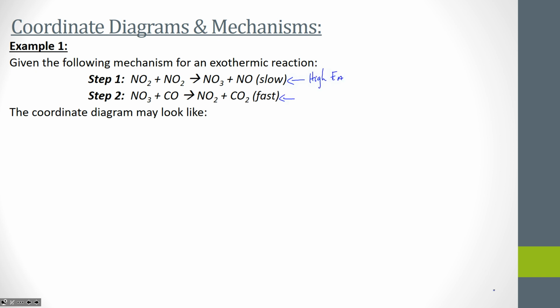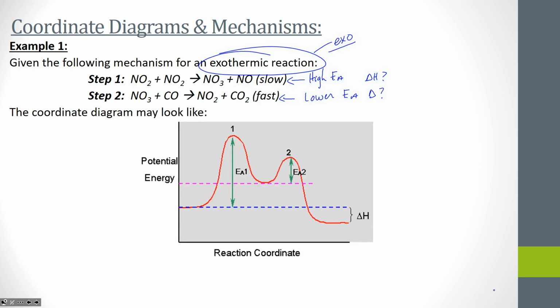And we know that this step is fast, so that means it has a lower activation energy. Now, they didn't tell me anything about the delta H for either of these, so we could make those up. But we know the whole reaction, the net reaction, is exo. So that means that the whole reaction from very start to very end must end lower than you started. So this is what a coordinate diagram may look like, given the information that we have.